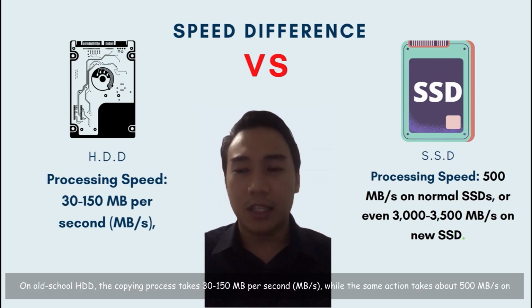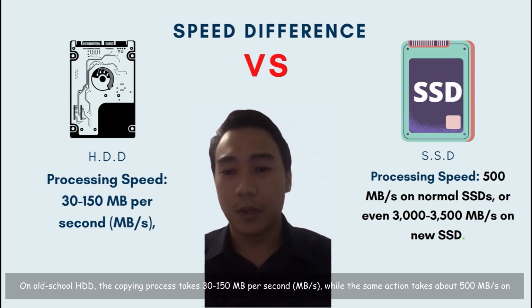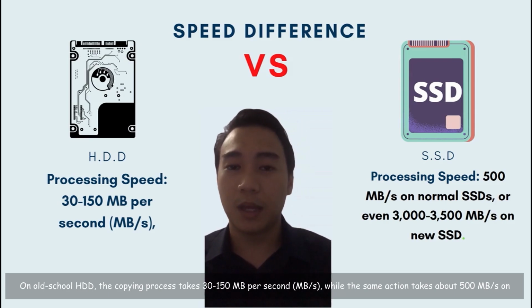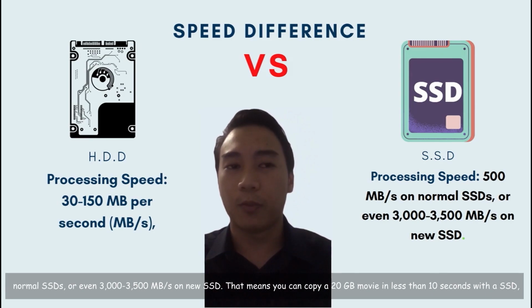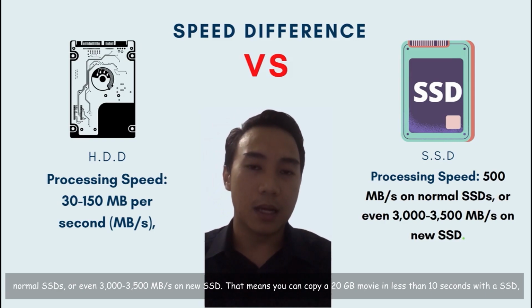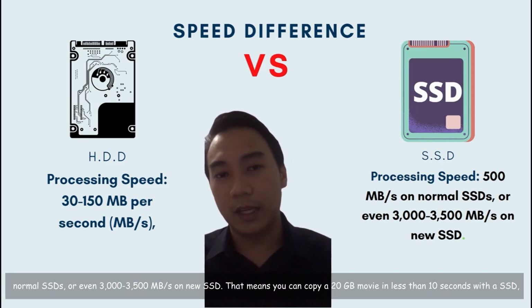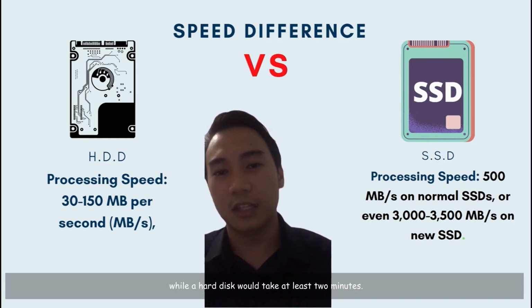Old school HDD usually takes about 30 to 100 Mbps, while the same action takes about 500 Mbps on SSD when copying huge files. That means you can copy a 20 GB movie in less than 10 seconds with an SSD, but if you use HDD, it will take about 2 minutes.